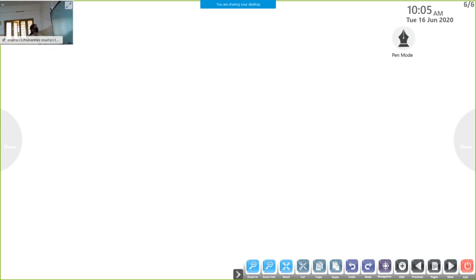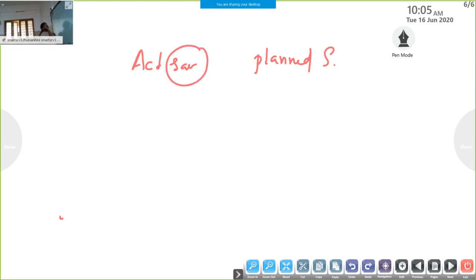For this reason, we can take a distinction between actual saving and planned saving. What households' actual saving is, and what they are planning to save. See, take the saving part.